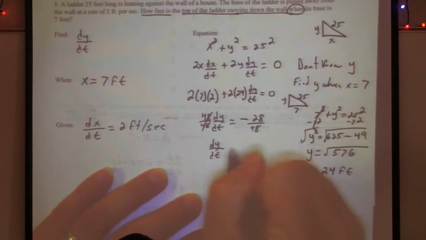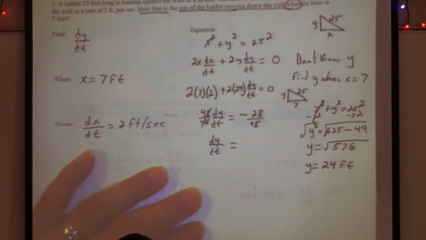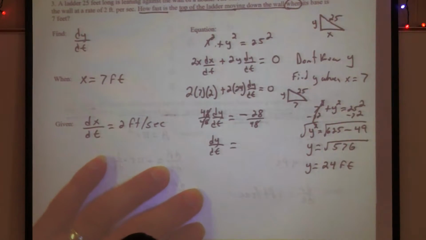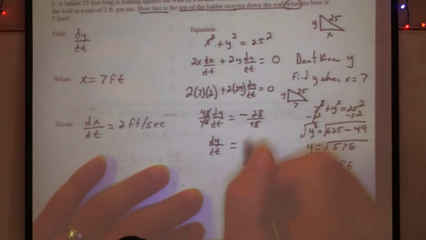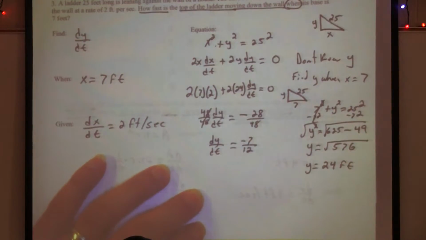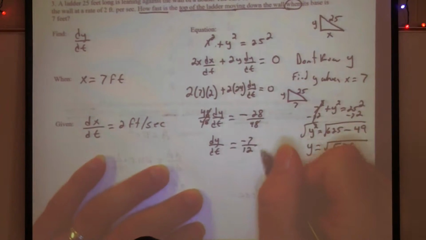And dy/dt is equal to, what goes into both of those numbers? 4? How many 4s into 28? And into 48? So negative 7 over 12, what units? Feet per second.